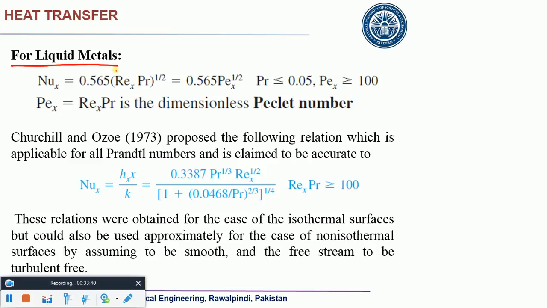For liquid metals, where you have very low Prandtl numbers, you remember that Prandtl numbers are very low for liquid metals. And if Prandtl number is low, what kind of boundary layer would be dominant, or what kind of boundary layer would be thicker? So for liquid metals, with Prandtl number less than 0.05, there is something known as Peclet number, which is basically a product of the Reynolds number and the Prandtl number.